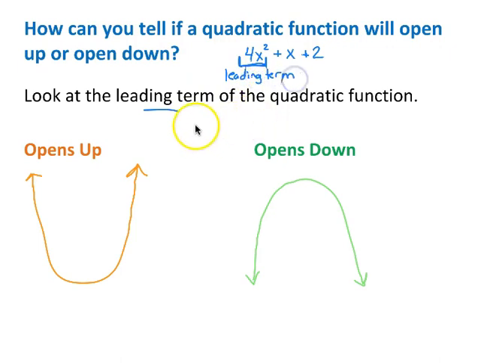So what we do is we look at the leading term and we look to see if that leading term is positive or negative, and that's going to determine whether it opens up or opens down. So if our leading term is positive, it's going to open up.